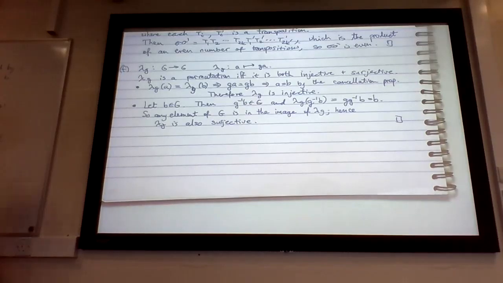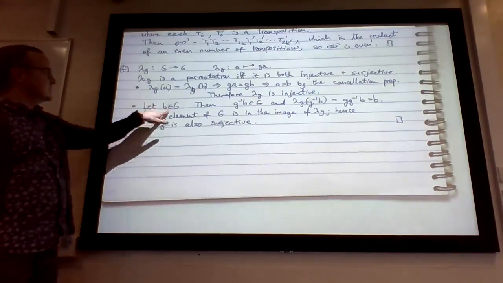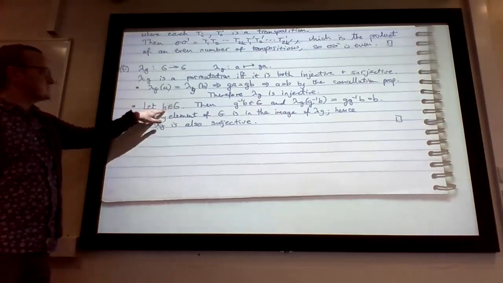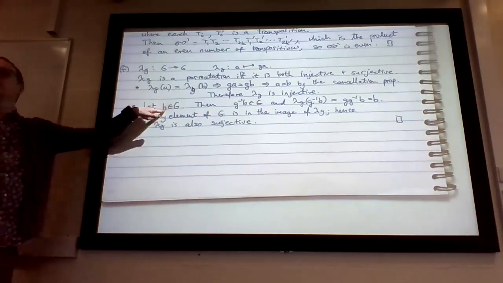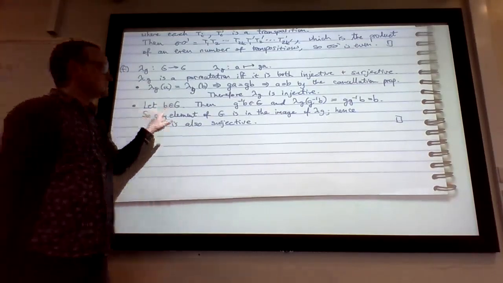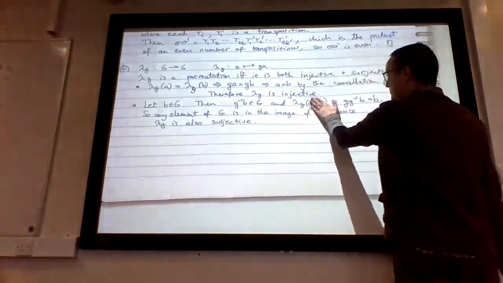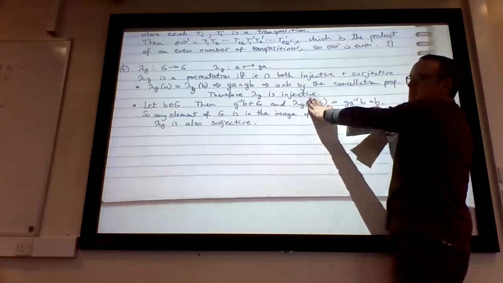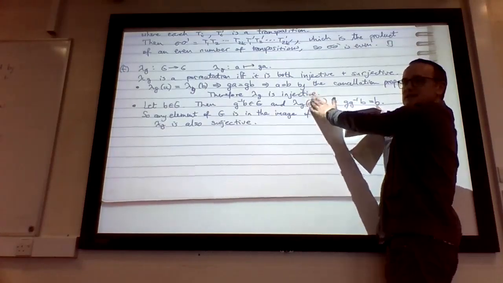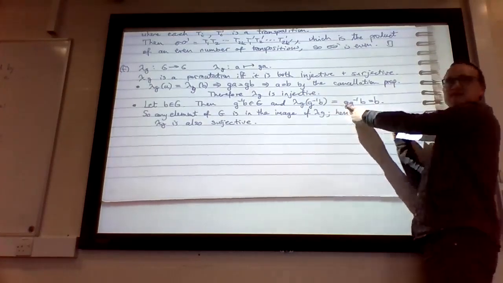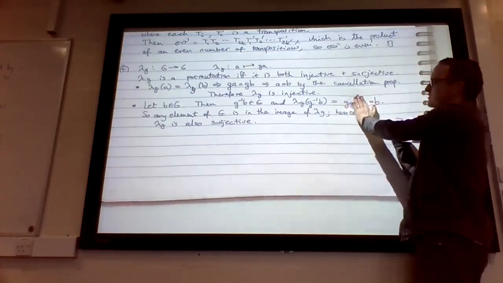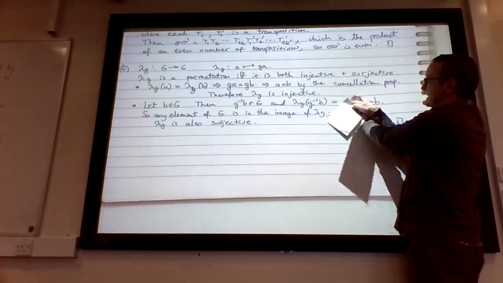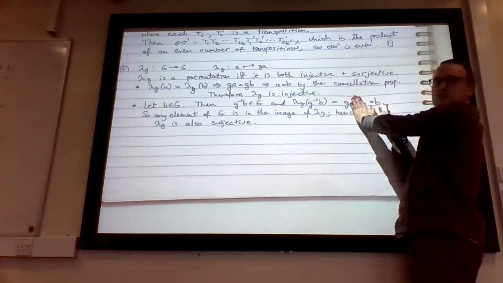For surjectivity, you take a typical element b from G, and what you want to show is that it occurs as a value of the function. So you want to show that lambda of something equals b. Whatever that something is, it gets multiplied by g on the left. So what group element, multiplied on the left by g, finishes up with b?